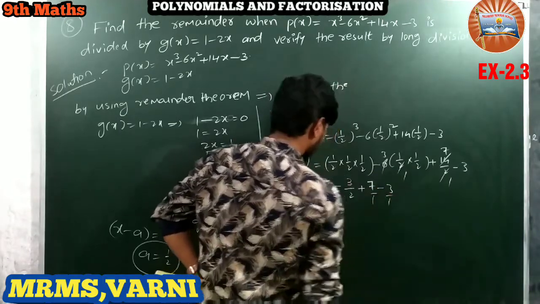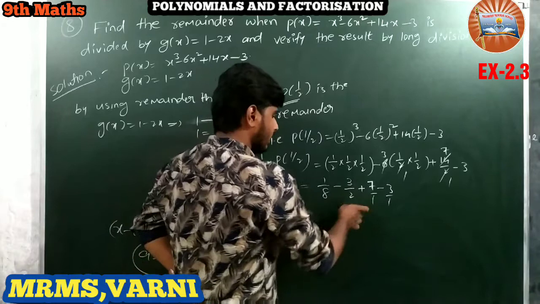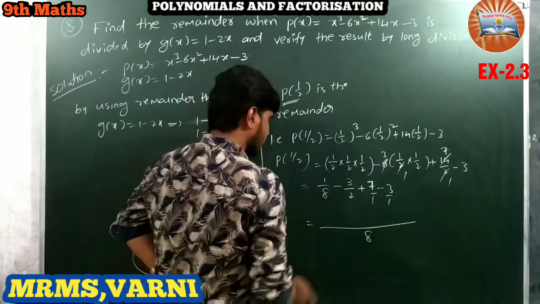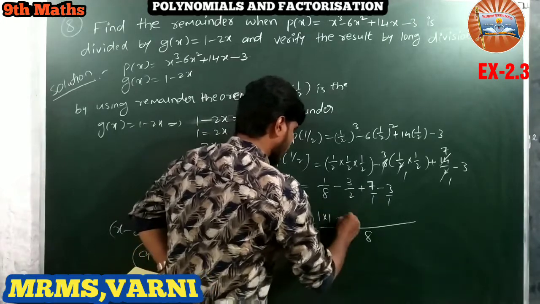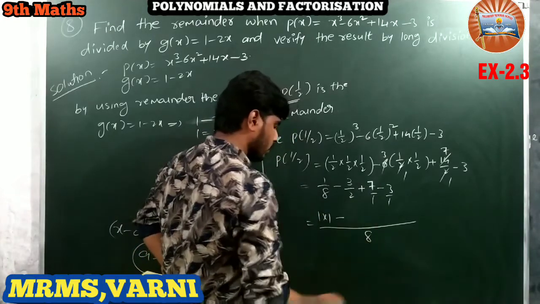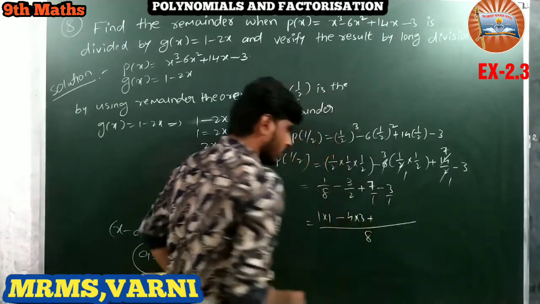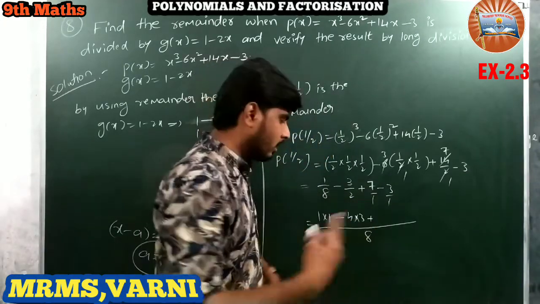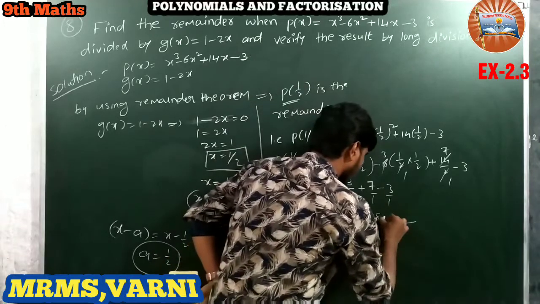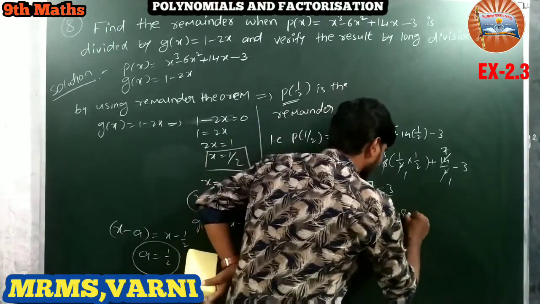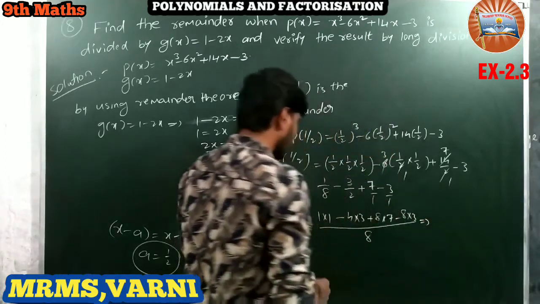So we have to find the LCM first. LCM is 8. In 8, 1 comes 1 time, so 1 into 1. Minus 2: in 8, 2 comes 4 times, so 4 into 3. Plus 1: in 8, 1 comes 8 times, so 8 into 7. Minus 1: again 8, so 8 into 3.